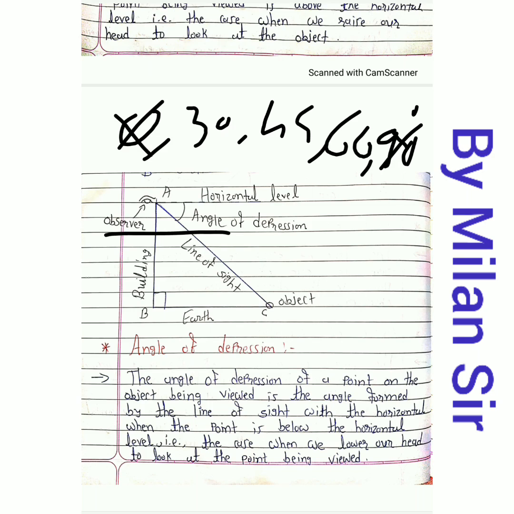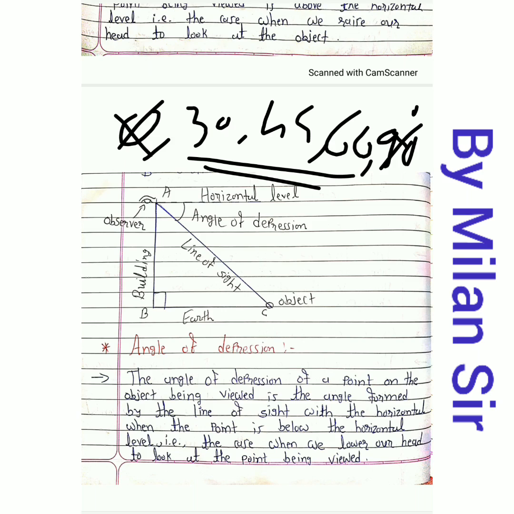After that, three possibilities are present: 30, 45 and 60. So in standard 10, our syllabus is limited to these three values only.